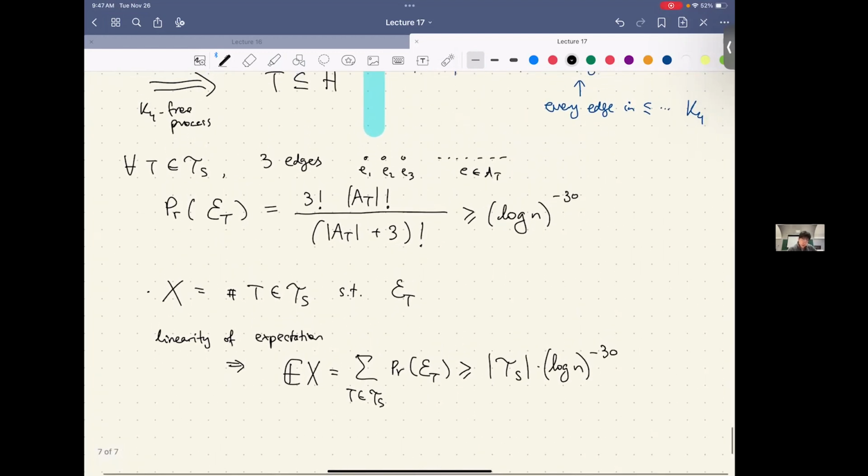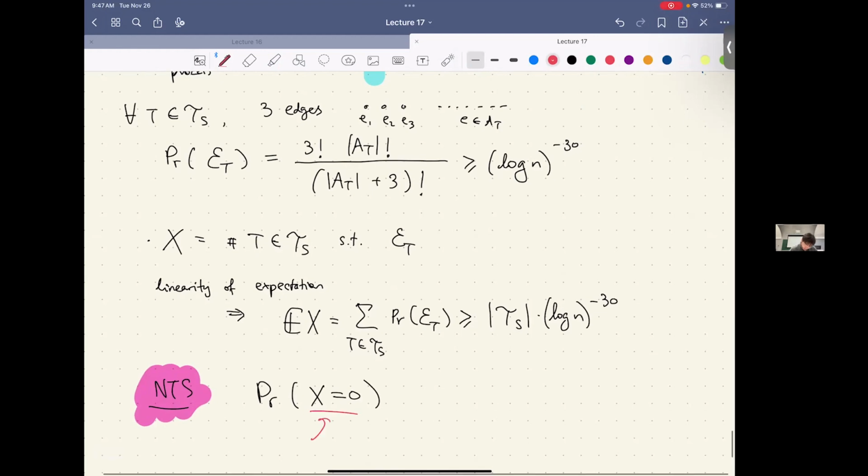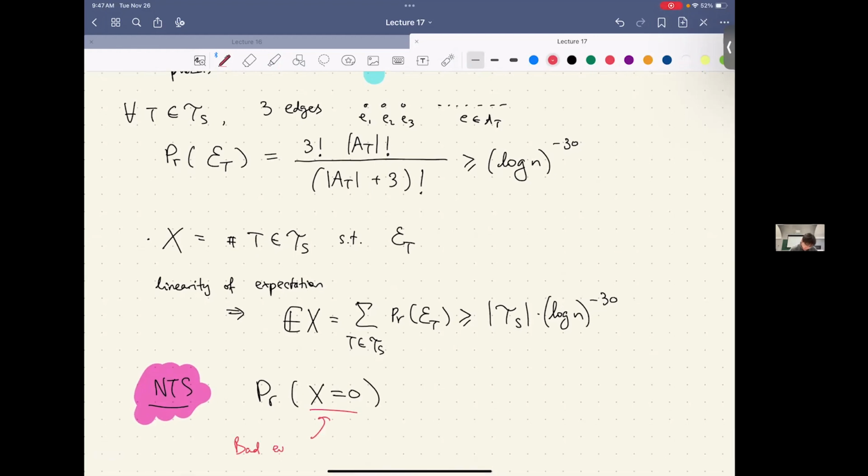Okay. Now what we want to show is about EX. Recall what we need to show: the probability of the bad event, X equal to 0, right? This is the bad event. Bad event means for this fixed set S, the number of T that survive is 0.